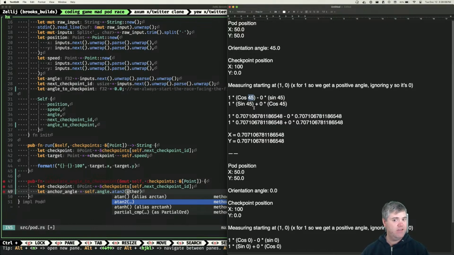Unless I take my current position and I add the angle to each one. So I do a vector addition with a scalar. Let's say I add 15 to that. If I'm at position 50, 50, that would become 65 for the x. Wait, does that even make sense?